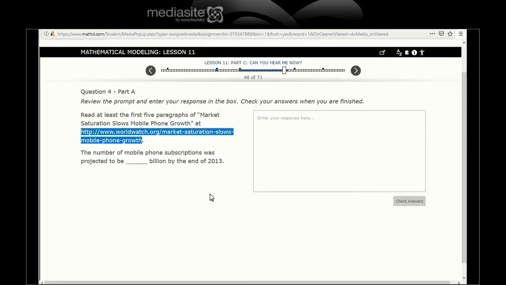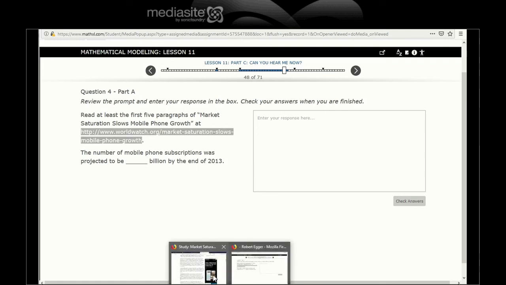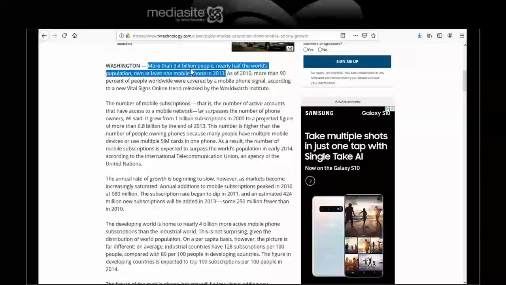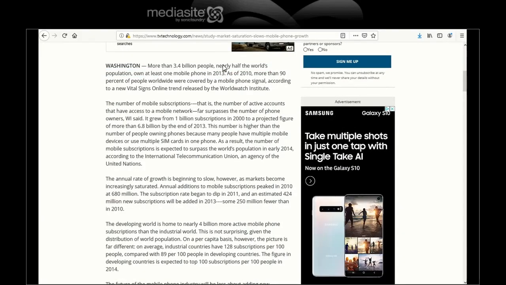What's being asked for? Again, the number of mobile phone subscriptions was projected to be how many billion in 2013? Projected.